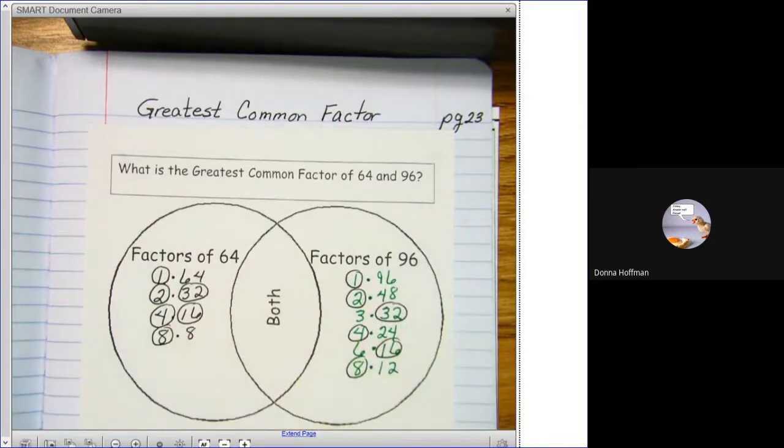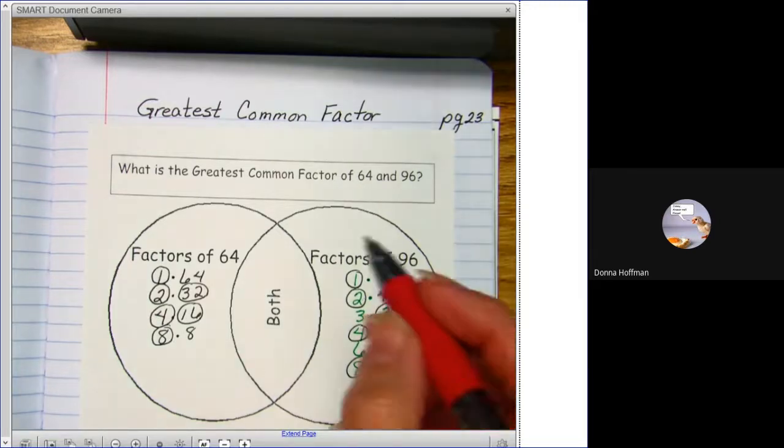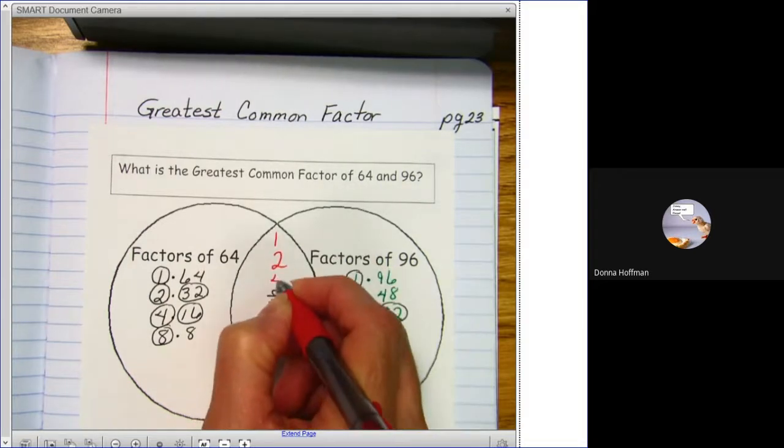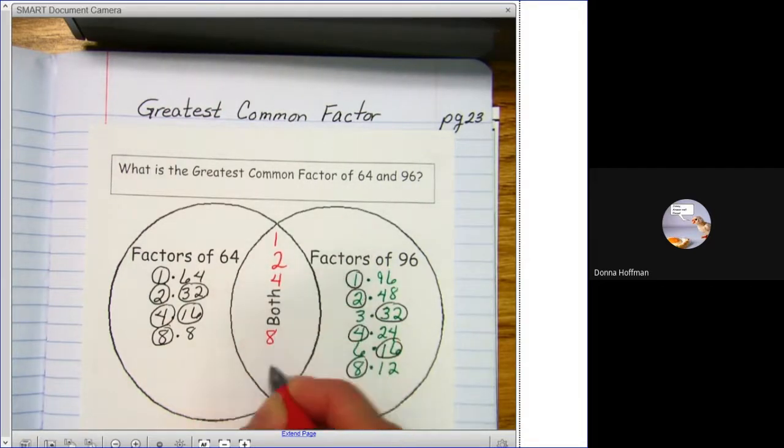So I'm going to list the common factors, the factors that both numbers share. That would be 1, 2, 4, 8, 16, and 32. So that's step 2. So far I've completed list all of the factors and identify the common factors.